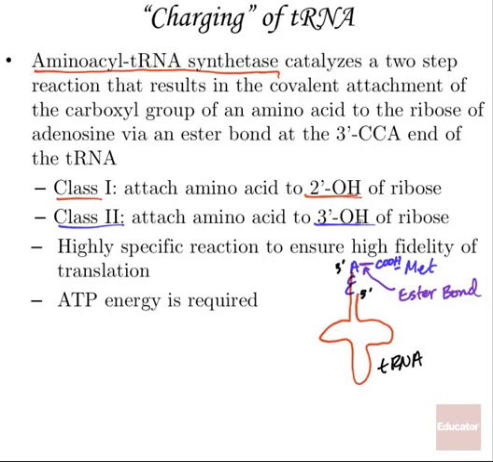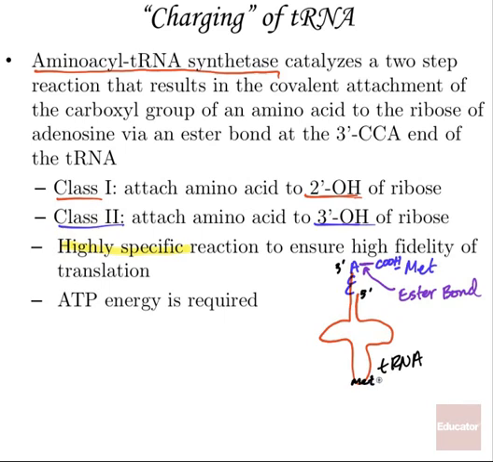Now, what's very important about this reaction is that it is highly specific. The reason that it is highly specific is because, let's say this anticodon has to be specific, hopefully, for the methionine. So this would be specific for the methionine, whatever that 3 base pair sequence would be.